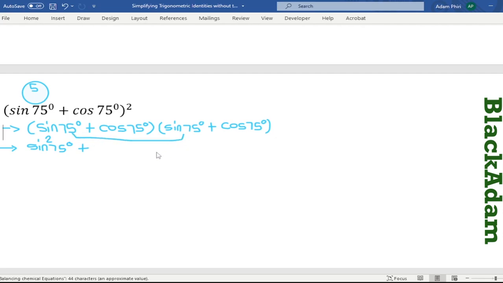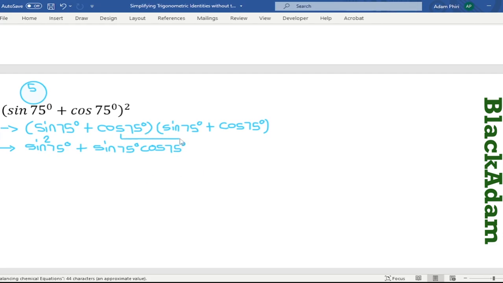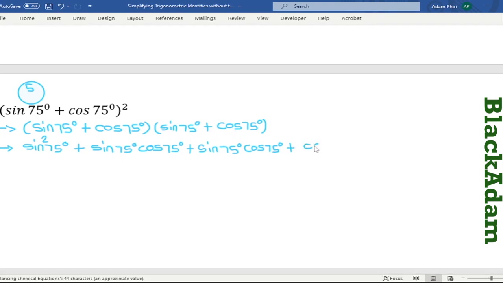And then that times that is squared. So that times sine 75 times cos 75 will give us sine 75 cos 75 degrees. And then that multiplied by that will be the same thing, sine 75 degrees cos 75 degrees. So that multiplied by that will give us positive cos squared 75 degrees.